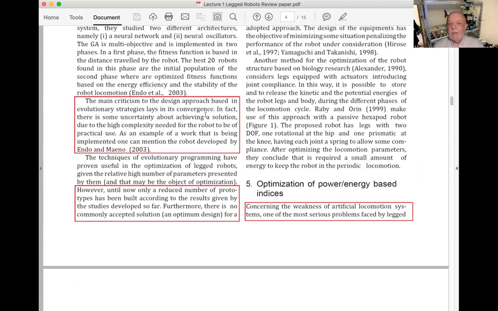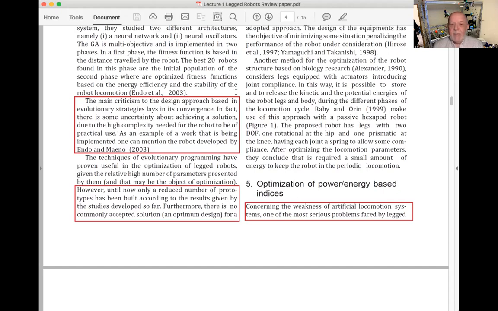Evolutionary strategies come up with random examples and try to converge down to the best solution. And what it's saying is there's a problem with that. In fact, there are some uncertainties about achieving a solution at all. So it may not actually find a solution, due to the high complexities needed for a robot to be of practical use.